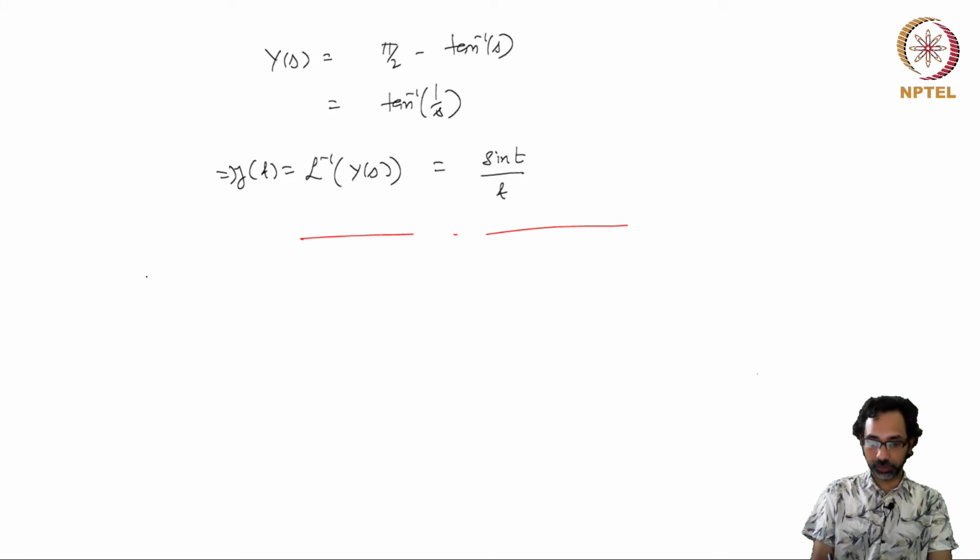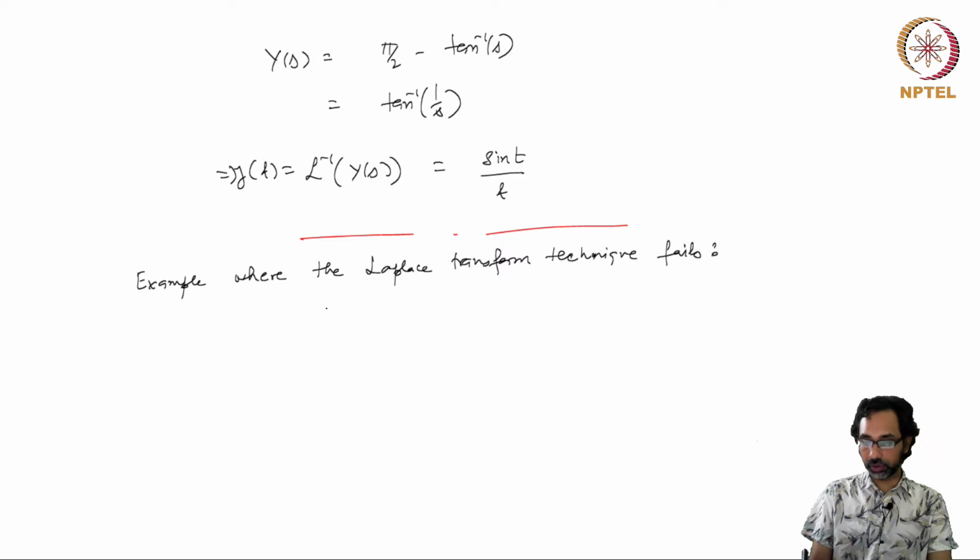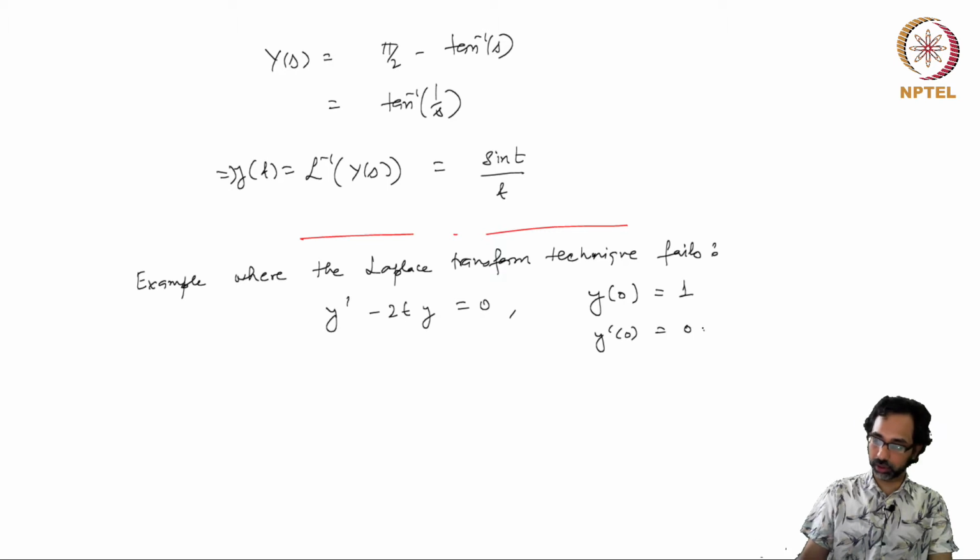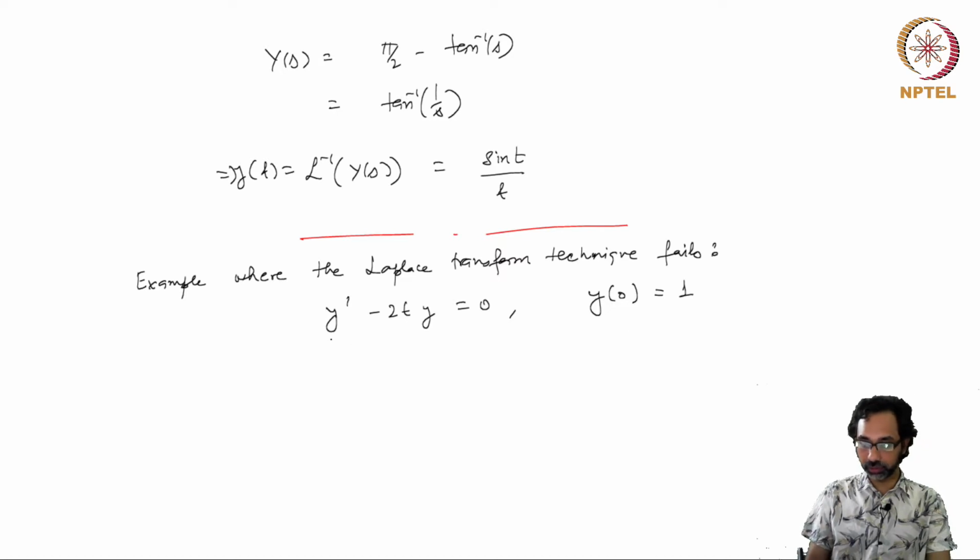Here is another example where the Laplace transform technique fails. This is given by the following differential equation: y prime minus 2ty equals 0 with the condition y(0) equal to 1, y prime(0) equals 0. Well, y prime(0) is not needed because we have only a first order differential equation.